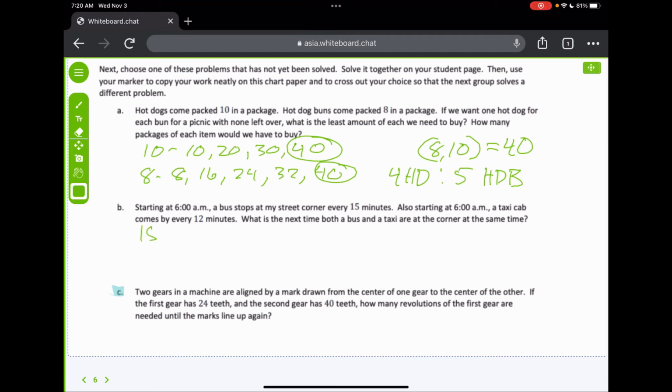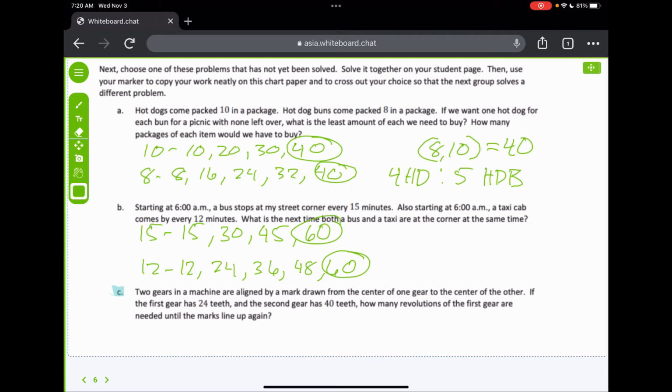Well, let's go with 15 and 12. We'd have 15, 30, 45, 60. Okay, and I know that 12, 24, 36, 48, and 60. So, now that's talking about minutes, right?